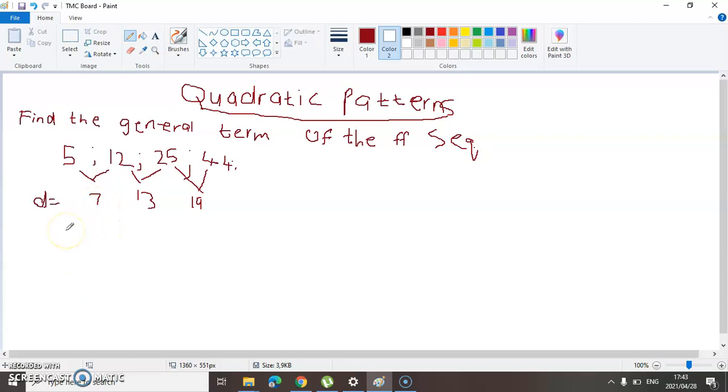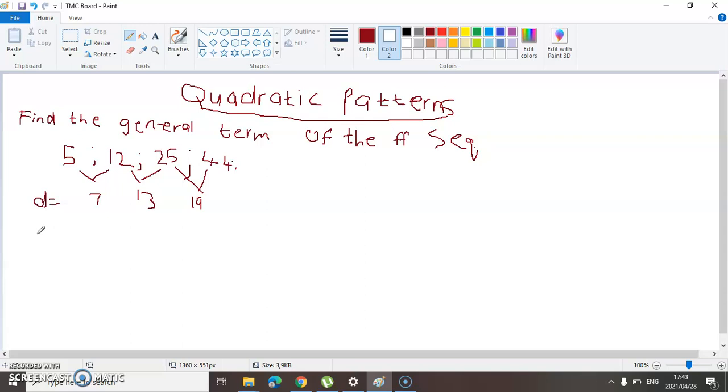Now, when you look at the first difference, you can see that it is not the same. So if the first difference is not the same, then that is not an arithmetic pattern or an arithmetic sequence.